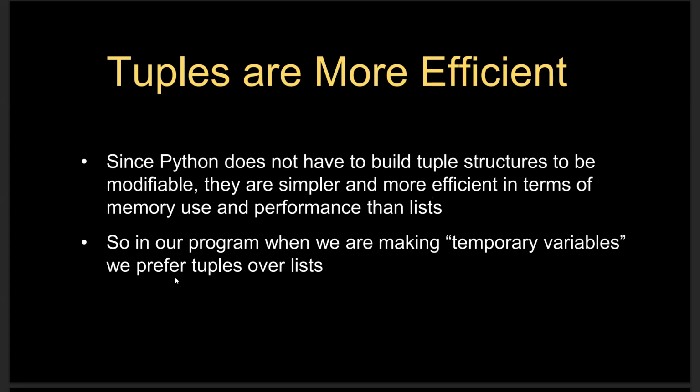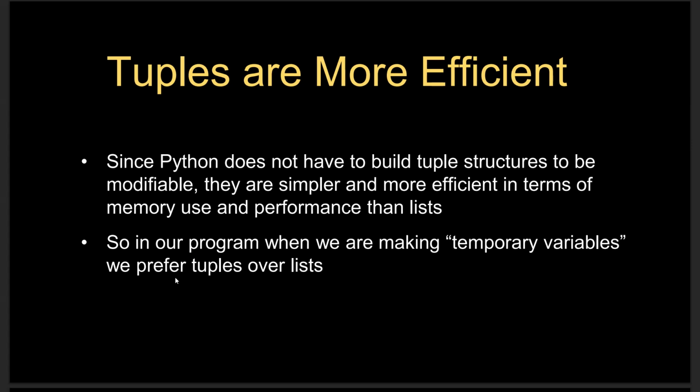It means coming to memory usage, tuples are more efficient than list. Why? Because tuples are immutable and lists are mutable. Because of this nature, tuples are more efficient.